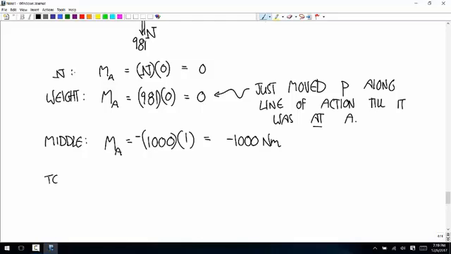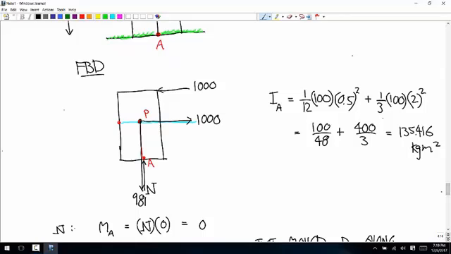And then for the top force, we're going to do the same thing. So instead of applying the force here, we'll move the force along its line of action. There's its line of action until the force vector is perpendicular to that line between A and P. So I'll move it to here.